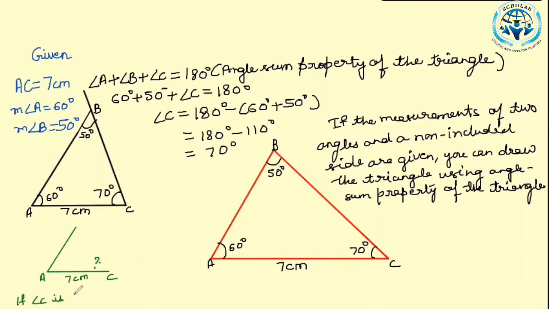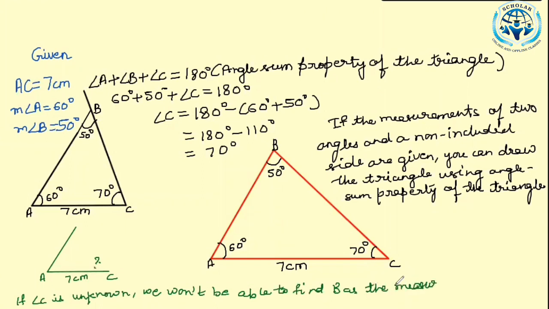Now where is the point B? Because C is unknown, we won't be able to draw the triangle and find B. To complete the triangle, we must know either the included side or the third angle.